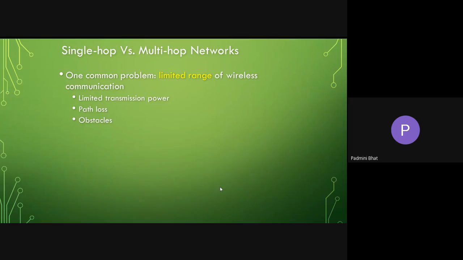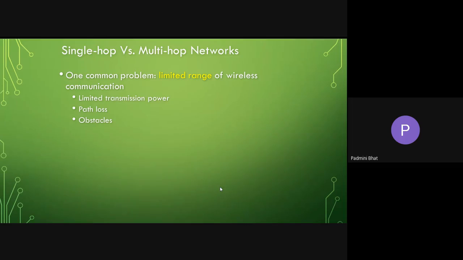Then you can ask me, if such cases are there, why are we not going for single hop always? Always a single hop may not be possible, because first of all, it depends on the distance from the transmitter to the receiver.